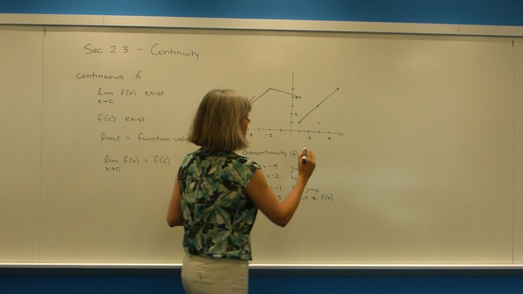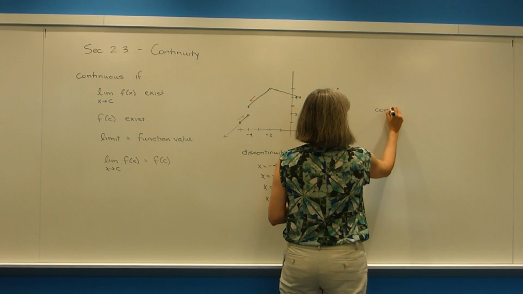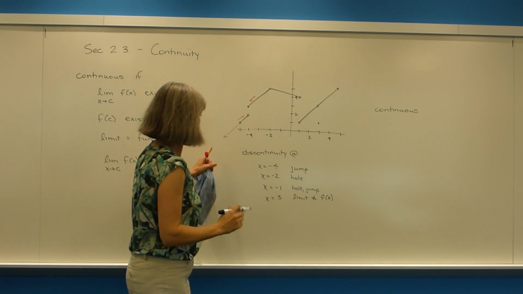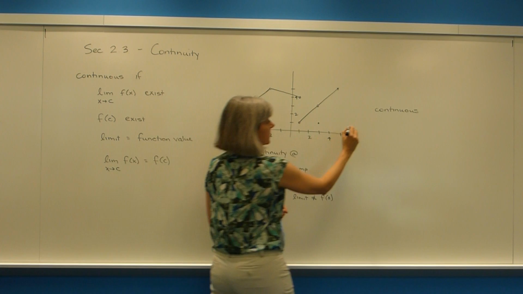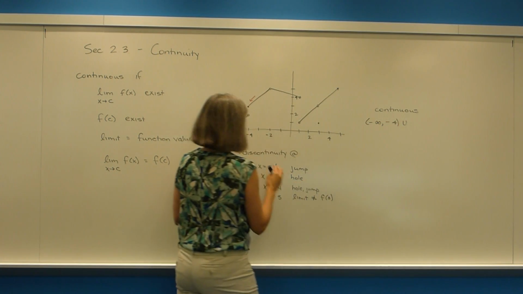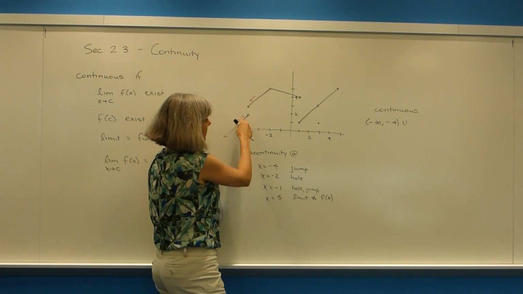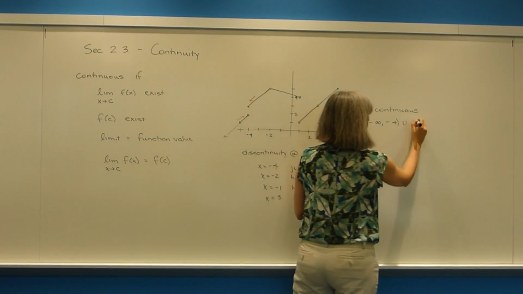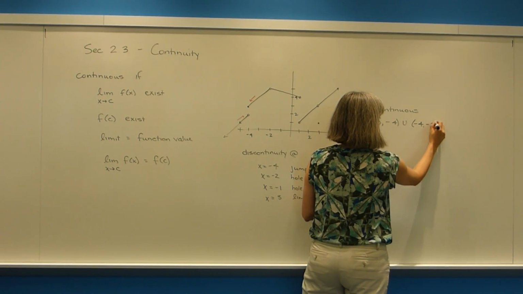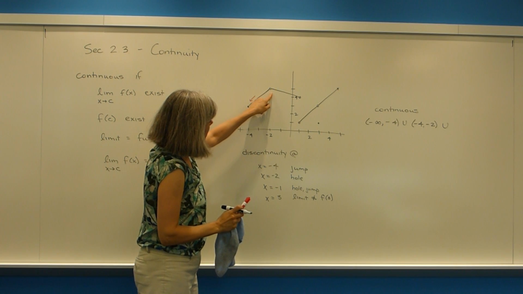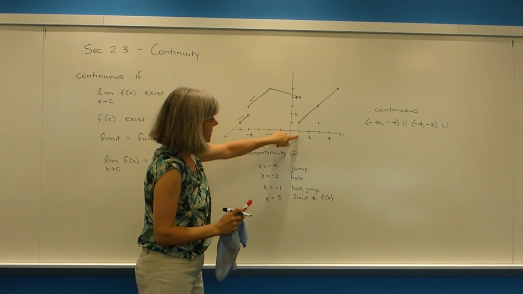So it is continuous up until -4. So from -infinity to -4. At -4 we have a problem, but right after that we're okay. So from -4 to -2. And then from -2 all the way to x equals 1.